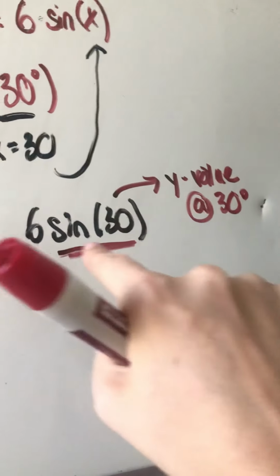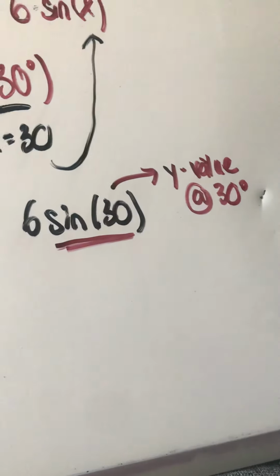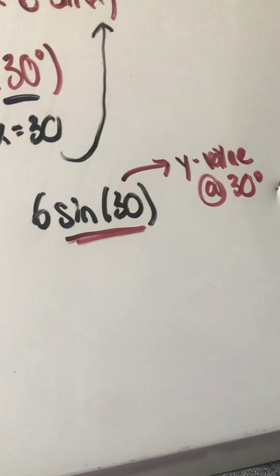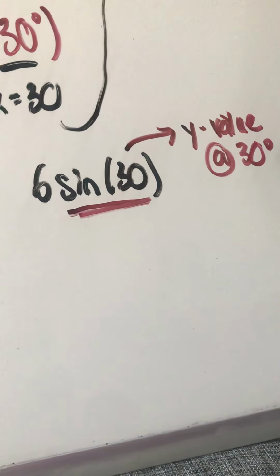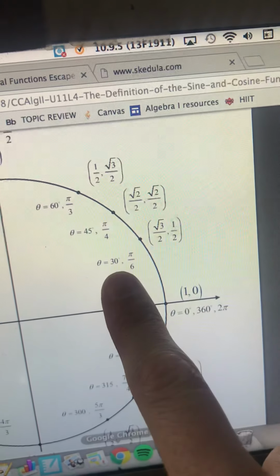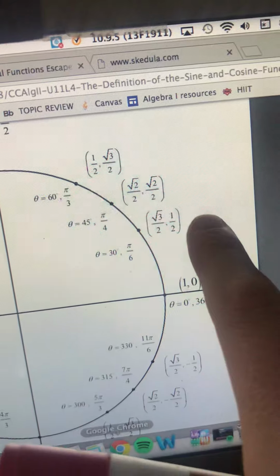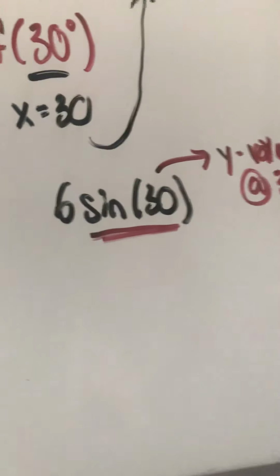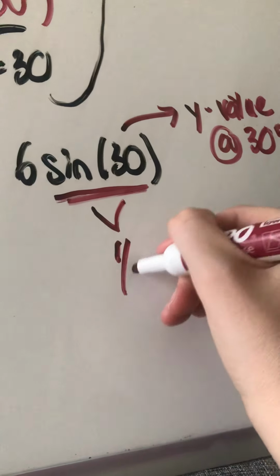Remember, sine means my y value, and I have my 30 degrees plugged in there. So I want to look at my unit circle and see what actually is my y value at 30 degrees. At 30 degrees, I have square root of 3 over 2, comma 1/2. That means the 1/2 should be substituted in. So that entire thing right there is equal to 1/2.